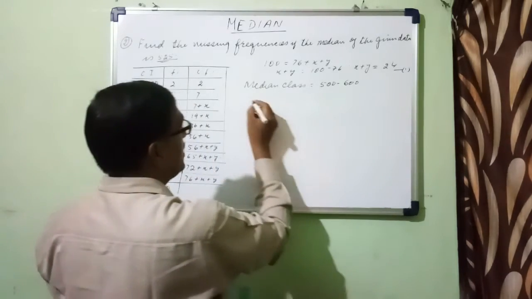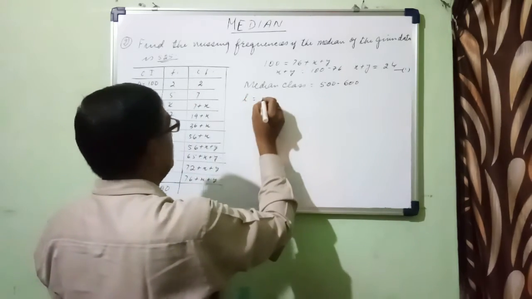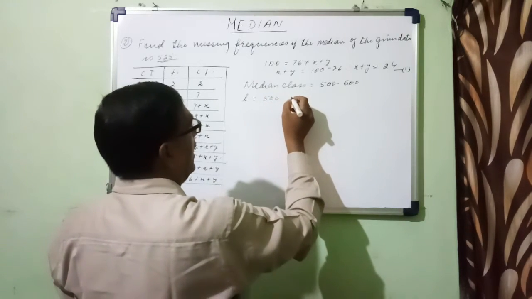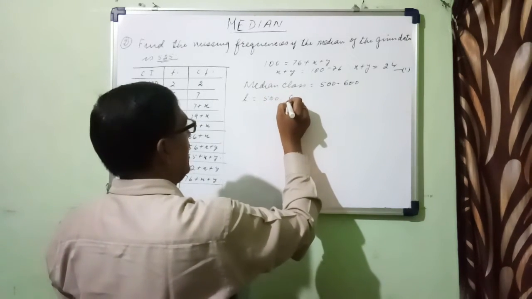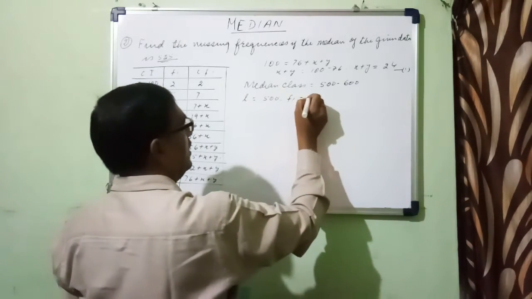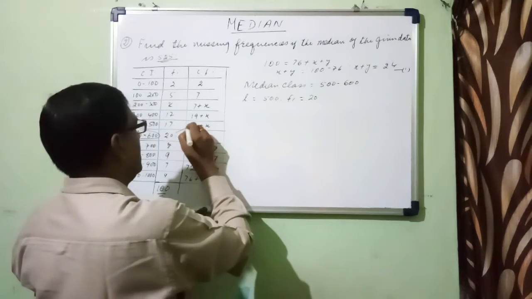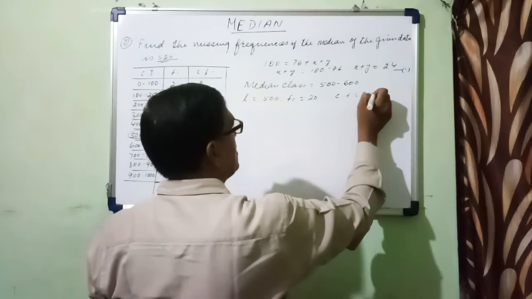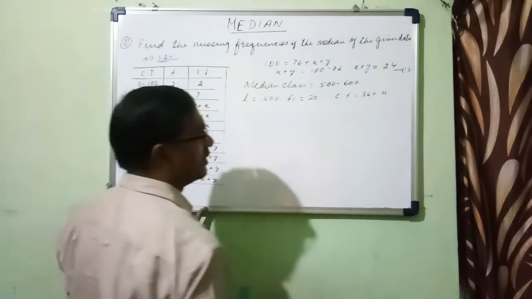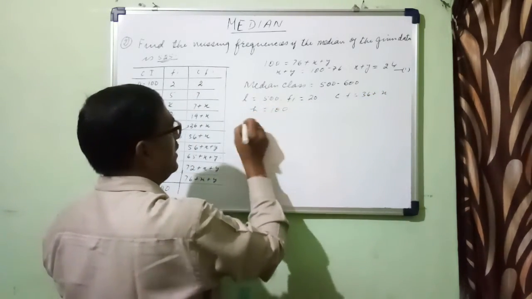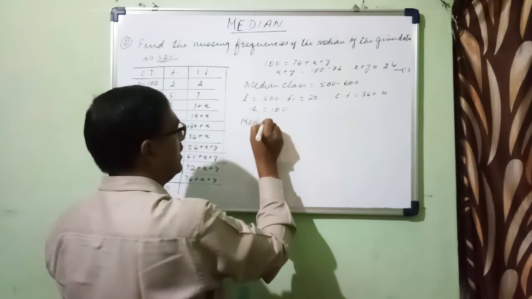Now 500 to 600 means L is equal to 500, Fi is equal to 20, and cumulative frequency is equal to 36 plus X. Now H is equal to 100.